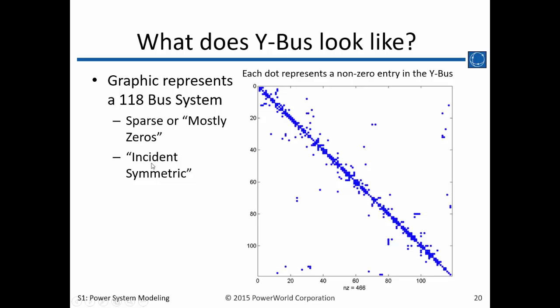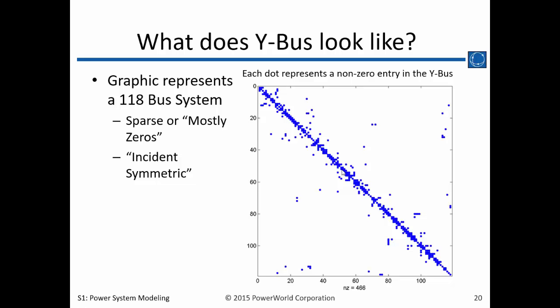The reason it's only incident symmetric is these values do not have to be exactly the same. In fact, in any transmission system where you have transformers that have phase shifts, they will not be the same, because the phase shift is negative on one side of the diagonal and positive on the other. So that's why we call it incident symmetric, meaning there will be a value in the same spot on the flip side of the diagonal, but it doesn't have to be the exact same value.